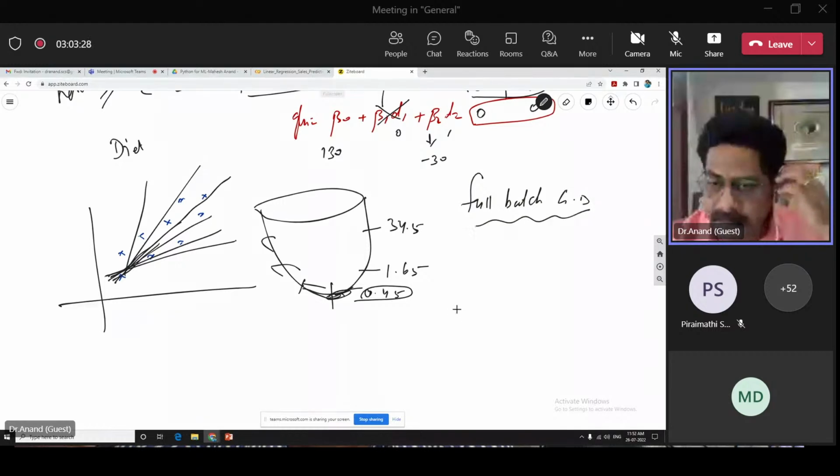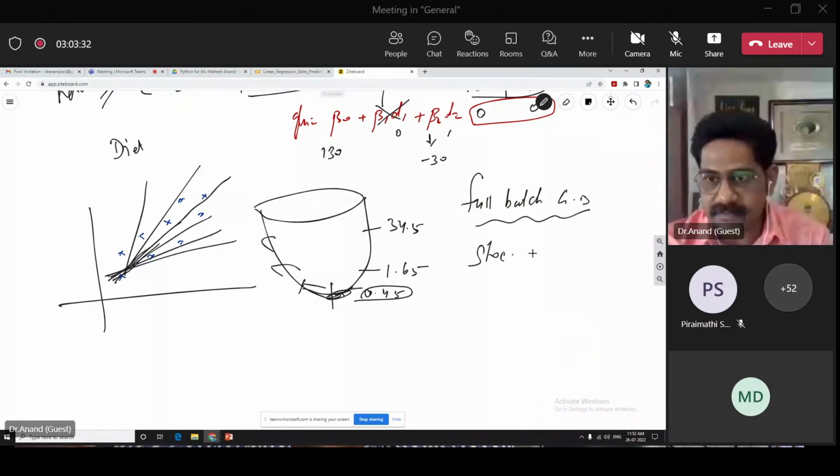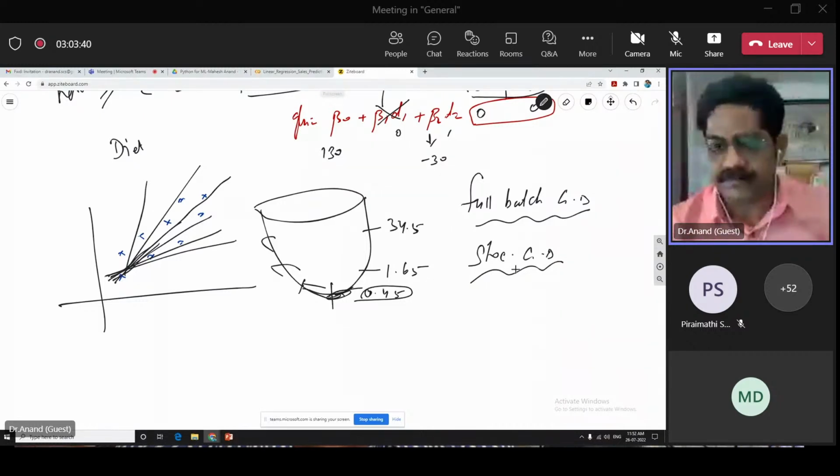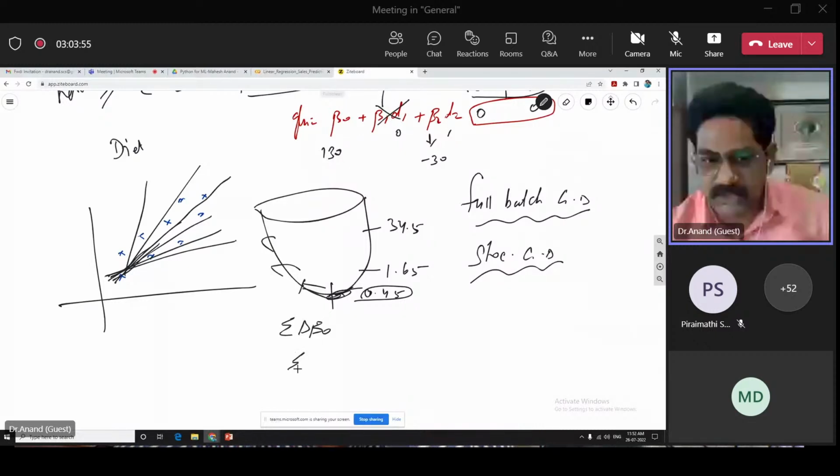In recent times, people have developed something called stochastic gradient descent. Actually, it was there many years before, but people started adopting this for deep learning algorithms. In stochastic gradient descent, what happens? In classical or full batch gradient descent, I substituted the summation of delta beta naught and the summation of delta beta 1 in the formula, isn't it?